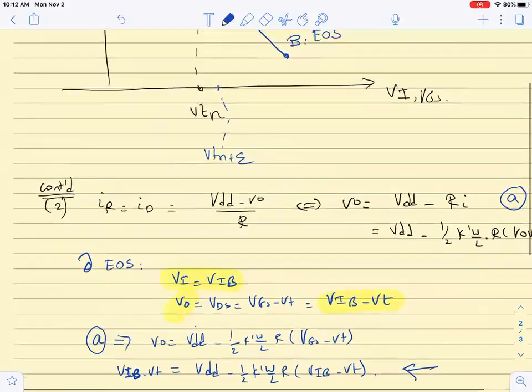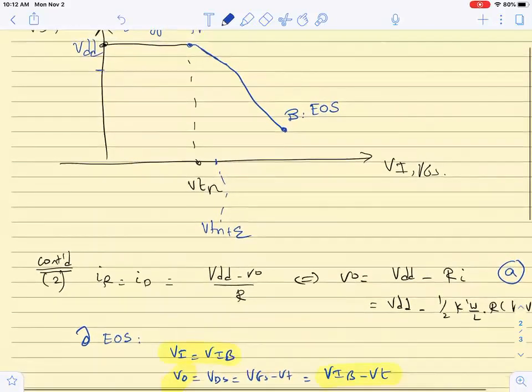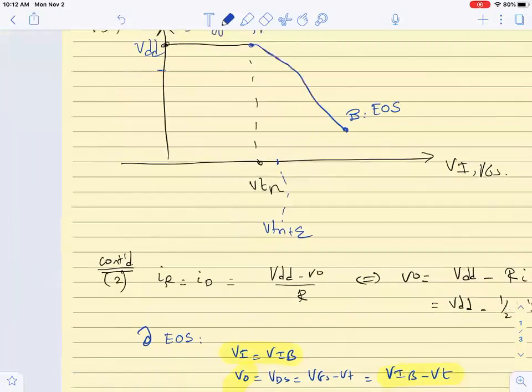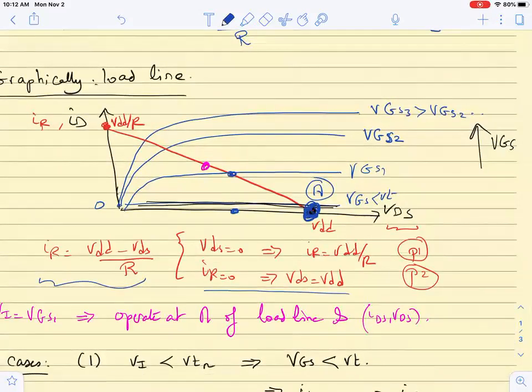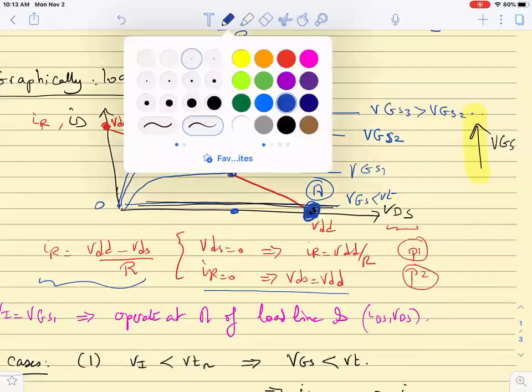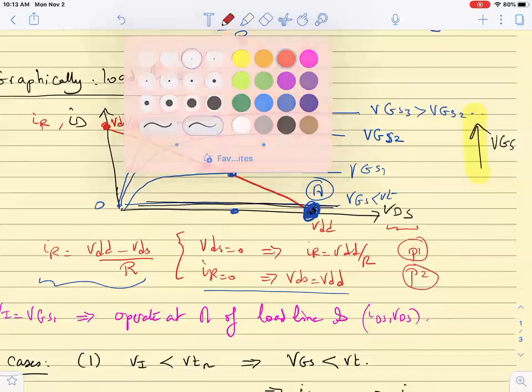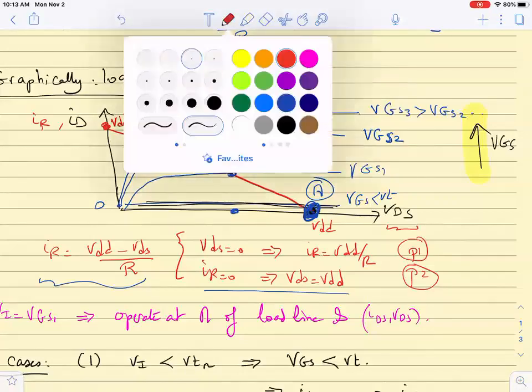Okay. Now, as the input continues to increase, if I look at this circuit here, the bigger the input gets, with the VGS, the solution is moving to the right. So the maximum solution happens at the biggest input possible in the circuit. What is the biggest input possible?